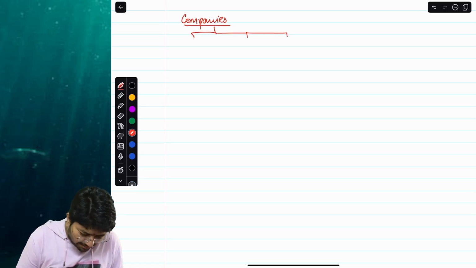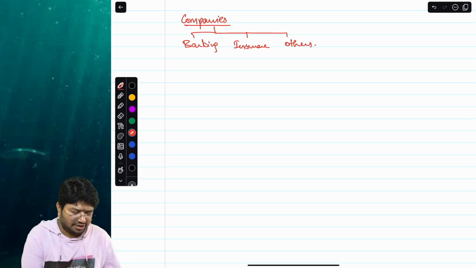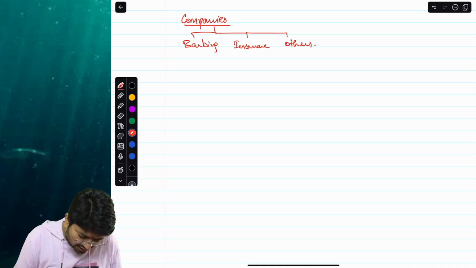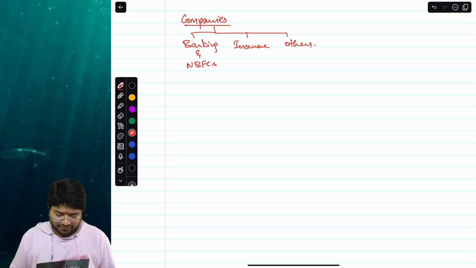Number one is banking companies, second is insurance companies, and then others. In fact, there are also NBFCs, so I would put it as banking companies and NBFCs, insurance companies and others.